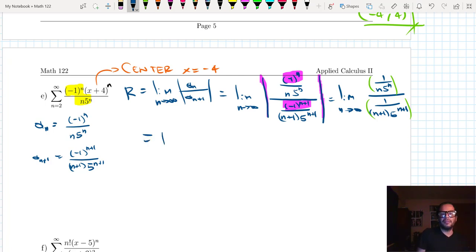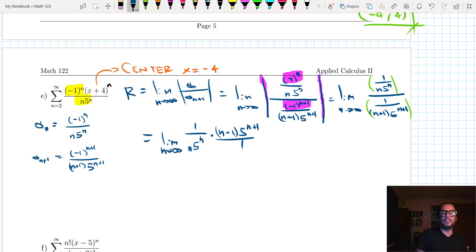We have limit, n 5 to the n times 5 to the n plus 1 times, okay, let me erase this and change the order. That's n plus 1, 5 to the n plus 1 over 1.